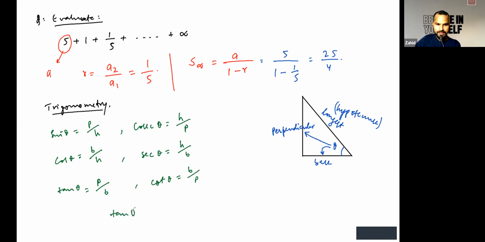Next, tan theta is equal to perpendicular by base, so it should be equal to sine theta divided by cos theta as well. And similarly cot theta would be equal to cos theta divided by sine theta. I think you all have remembered this.